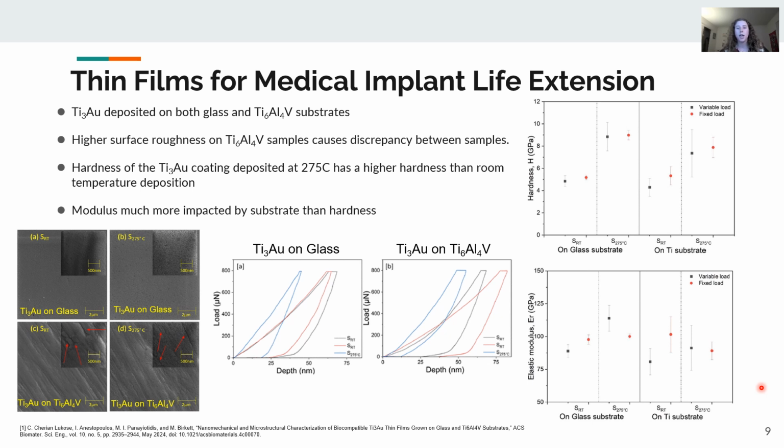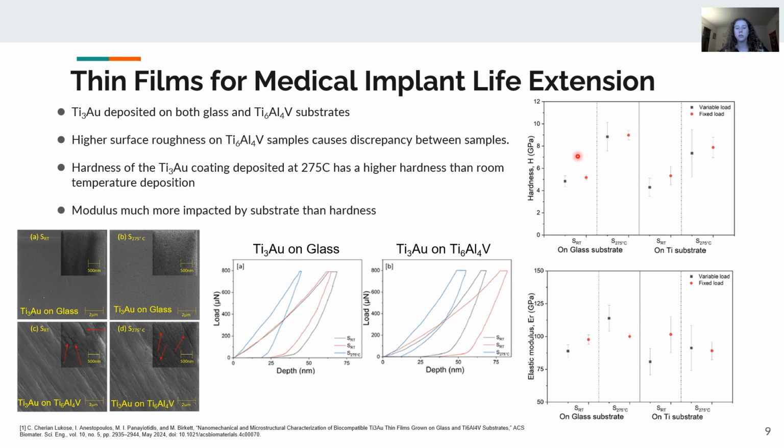What was seen from the load displacement curves was that on glass, the room temperature samples performed about the same, and then on the titanium-6,4 substrates, the room temperature samples performed differently. This was sort of a result of the overall surface roughness of the titanium-6,4 samples. Nanoindentation is an extremely localized measurement, so having small differences in surface roughness can cause differences in your hardness values.